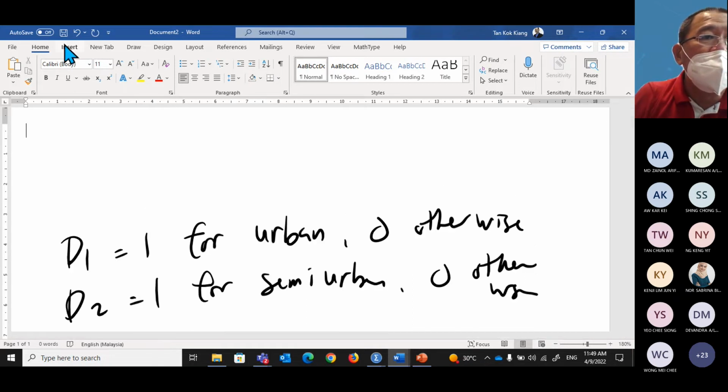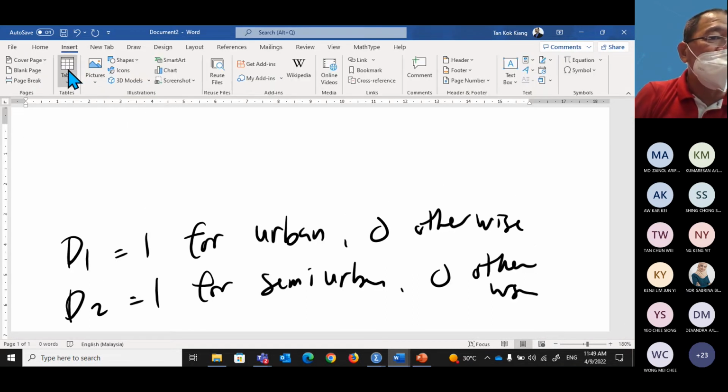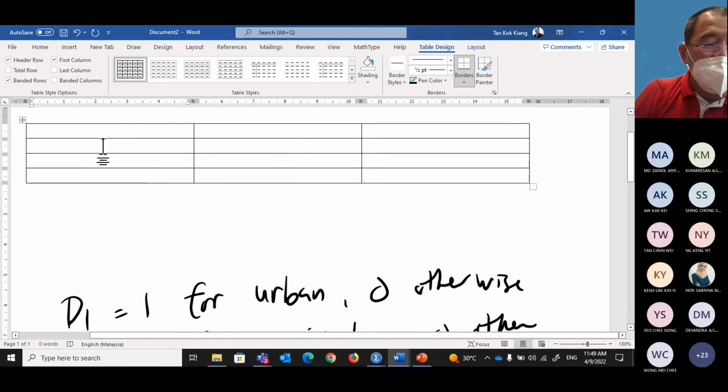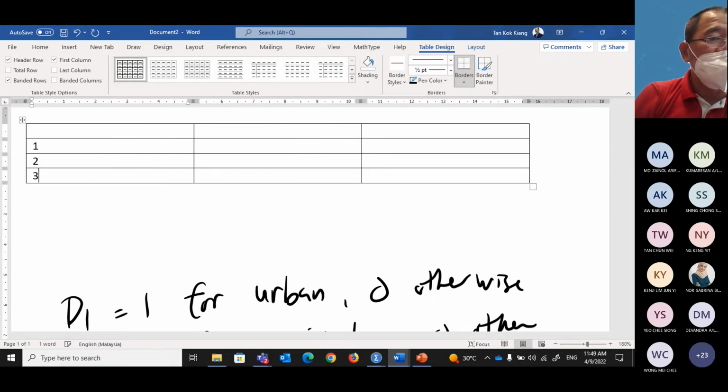Before, we had three situations. Okay, we do it now. We just look at three examples, the first respondent, second and third.